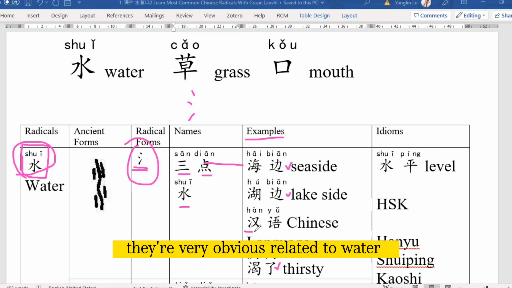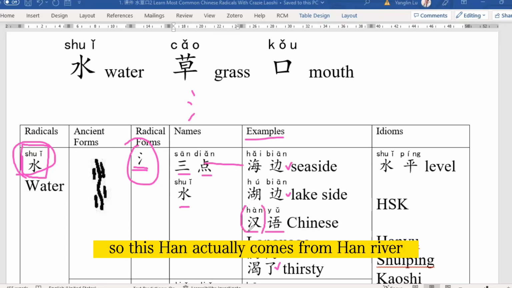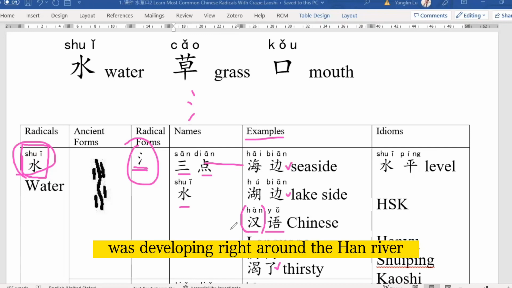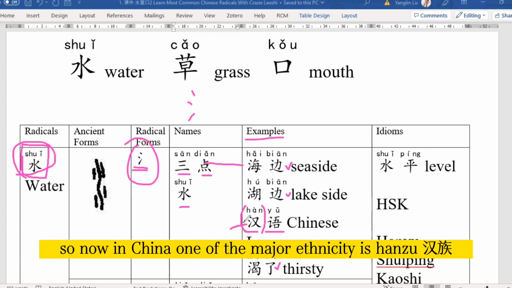What about 汉语, the Chinese language? This Han actually comes from the Han River. That's where the Han civilization was developing, right, around the Han River. So now in China, one of the majority ethnicities is Hanzu.